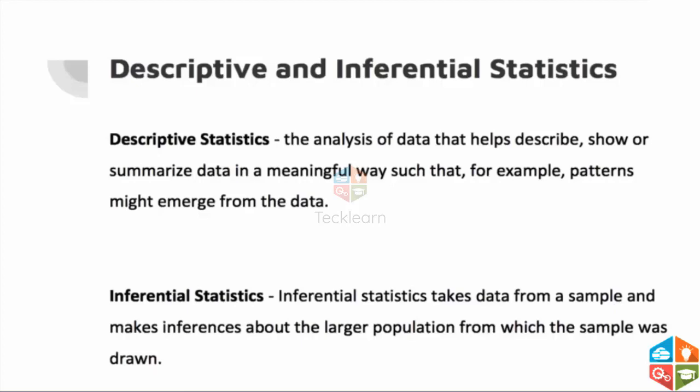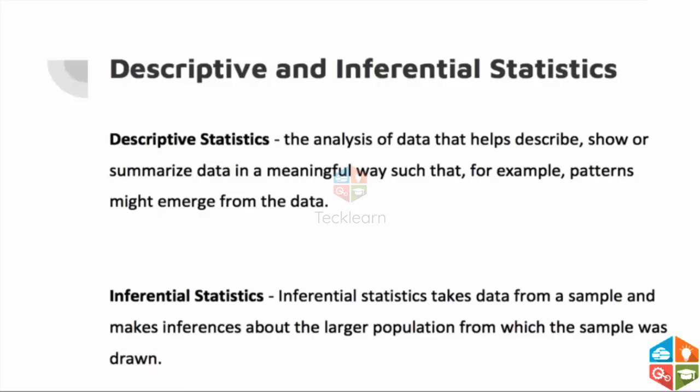For example, you might be interested in the exam marks of all the students in the UK. It is not feasible to measure the exam marks of all the students in the whole of the UK. So you have to measure a smaller sample of students, let's say 200 students, which is used to represent the larger population of all UK students.